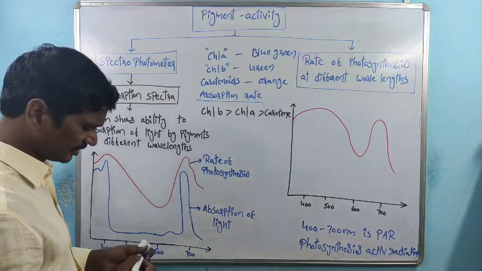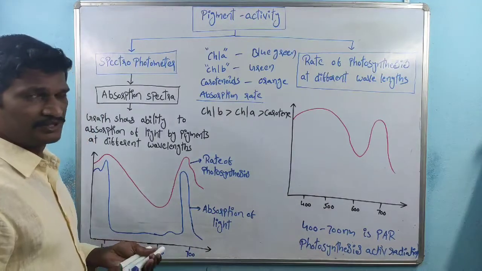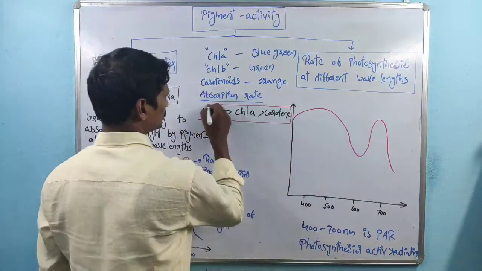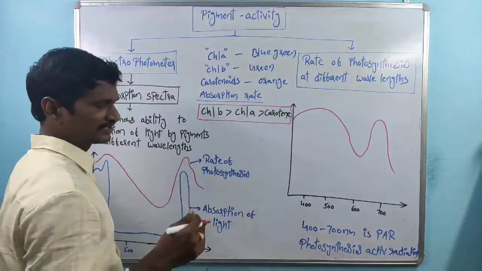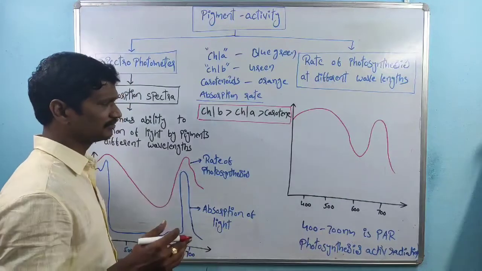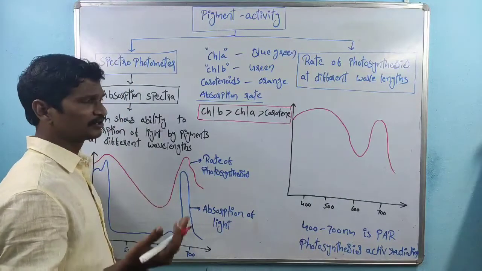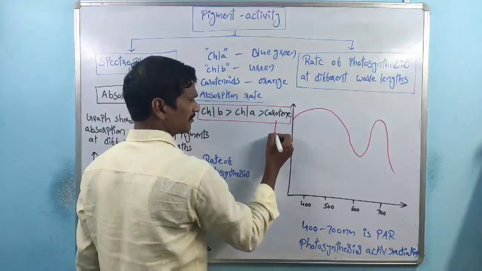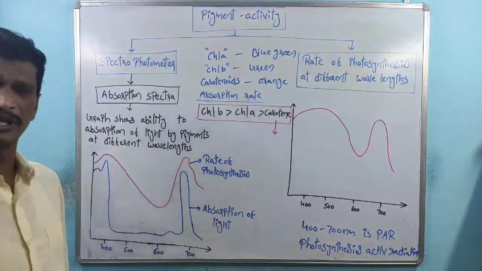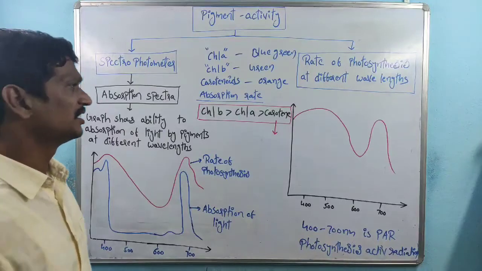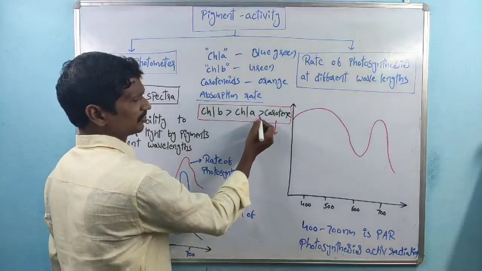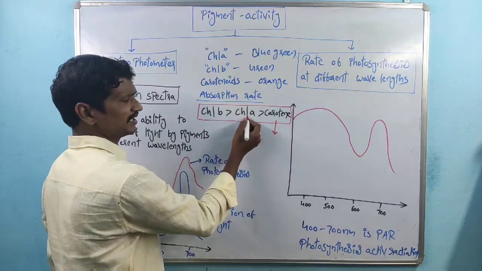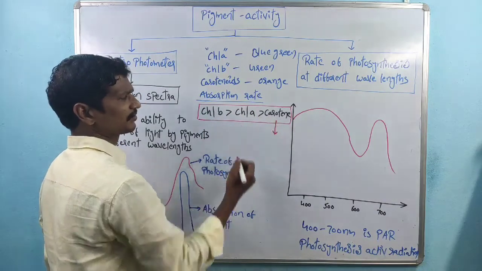And if we observe the rate of light absorption, the carotenoids absorb very, very little. We know chlorophyll B is greater than chlorophyll A, which is greater than carotenoids.